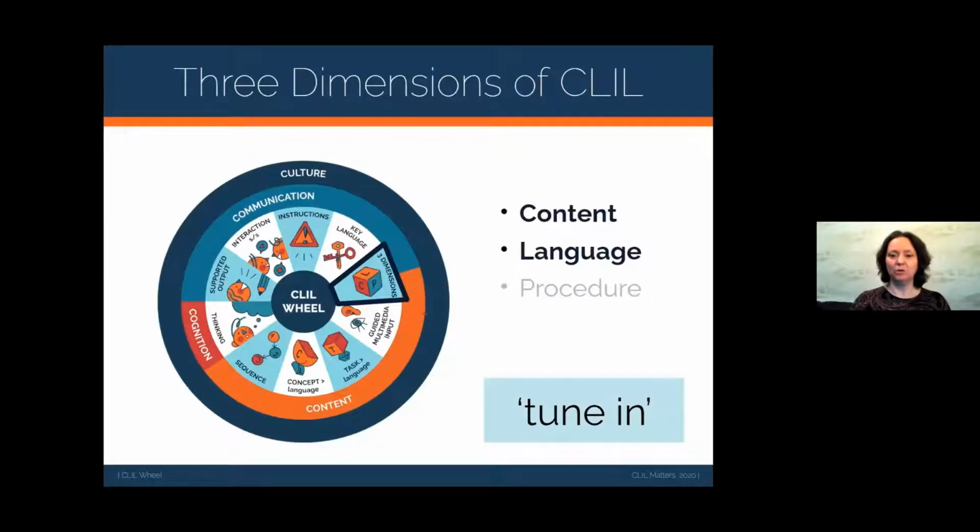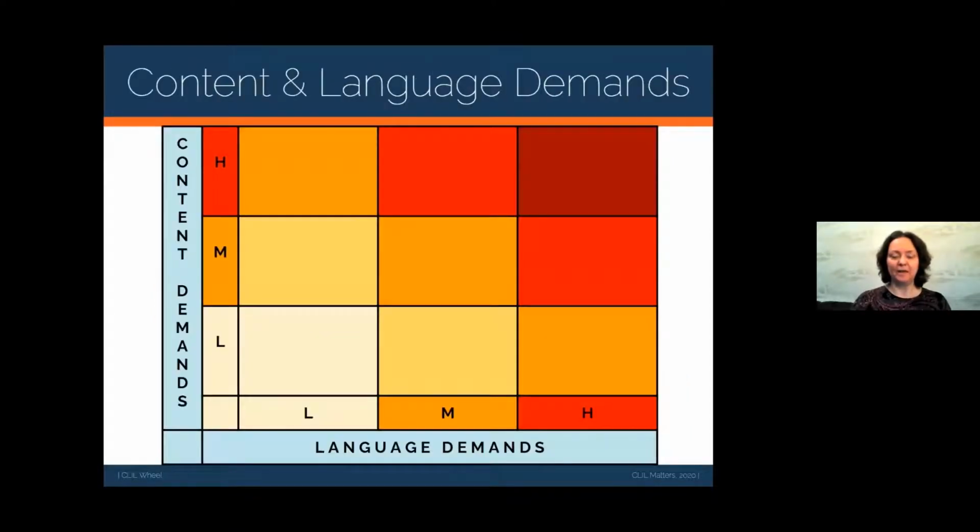But now I'm going only to look at content and language, because very often we face the situation that, yes, the content is great, but the language is too difficult, or the other way around. So what can I do to make sure that my students follow the language, but are also okay with the content? So I designed something like that. Originally, we talk about high and low content demands and high and low language demands.